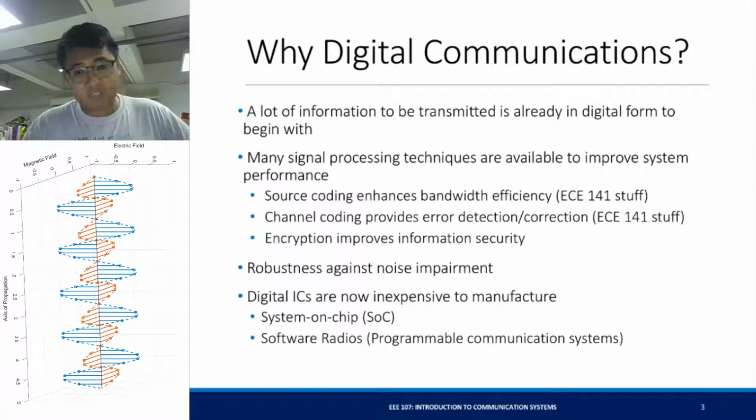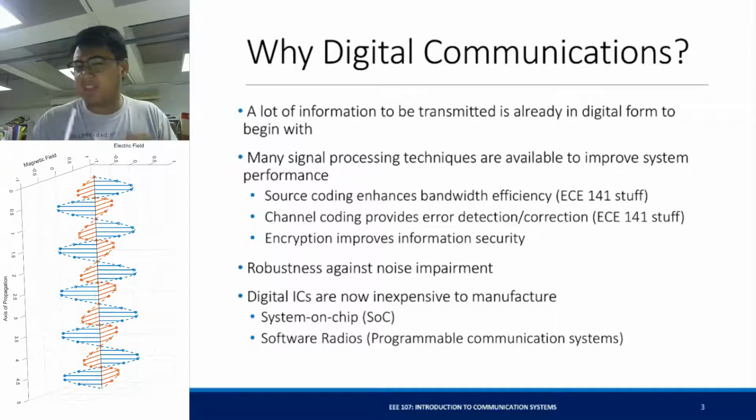Digital communications are also robust against noise impairment, and with the advancements of semiconductors now, we can actually create a communication system with just one microchip, and now even software radios are programmable communication systems. And that's why it's important that we study digital communications.